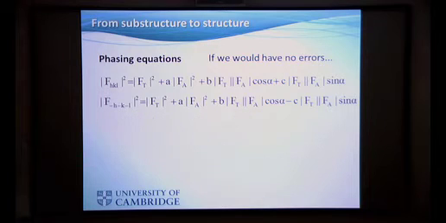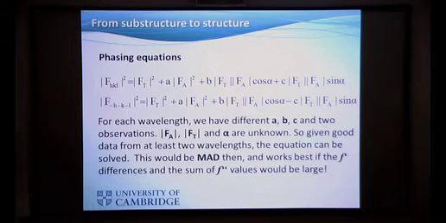So what happens is, for each wavelength that we have measured, we have different A, B, and C, and we have two observations. We don't know the absolute of Fa, the absolute of Ft, and the alpha. This means we have three parameters, and we have two observations from each wavelength.